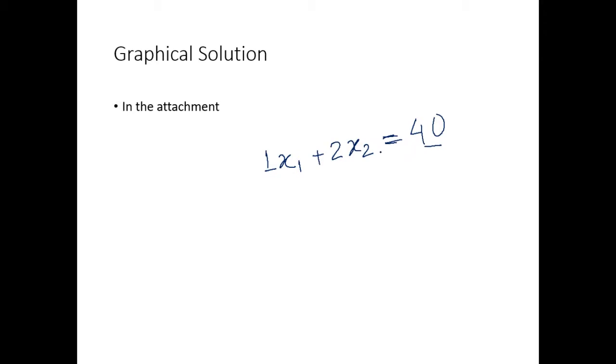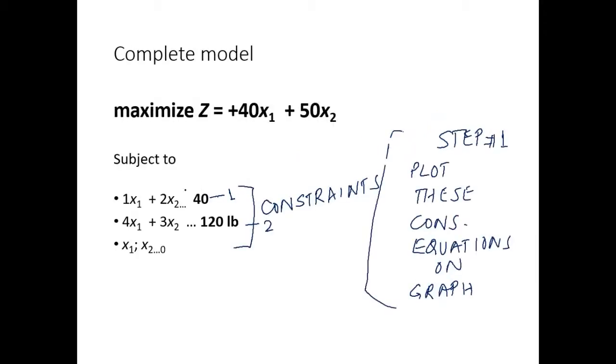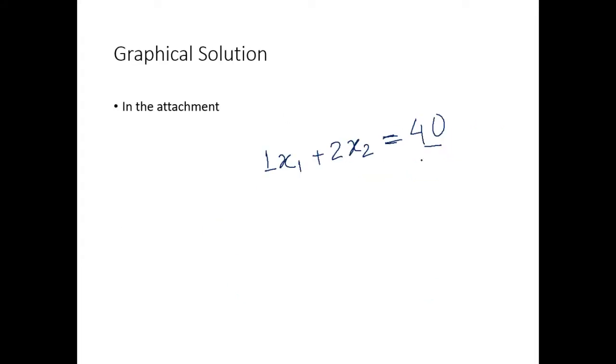It is not less than, because in the constraint we write less than or equal to, but we are just assuming that the company is going to use the full 40 hours of labor and 120 pounds of clay. If you assume that all is used, then there is no need for the less than sign, but rather just the equal to sign. So this is our first equation.